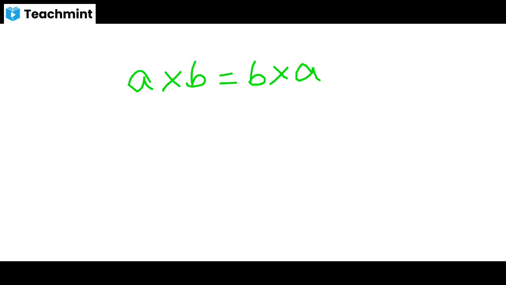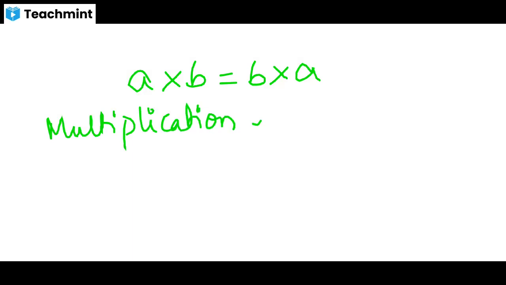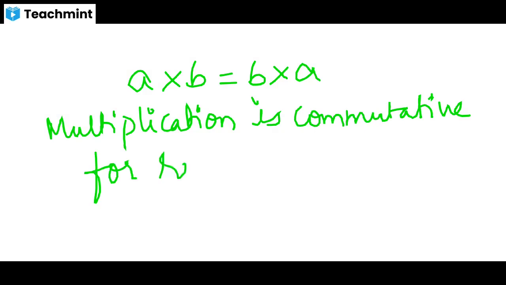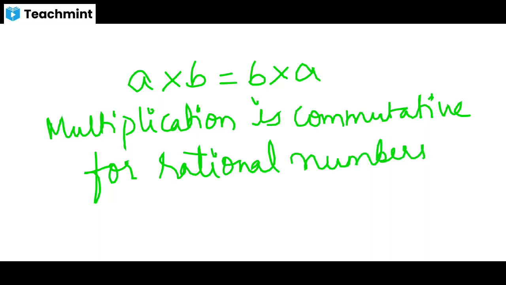Conclusion, what will you write? Multiplication is commutative for rational numbers. Understood?